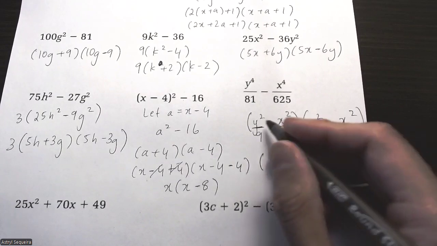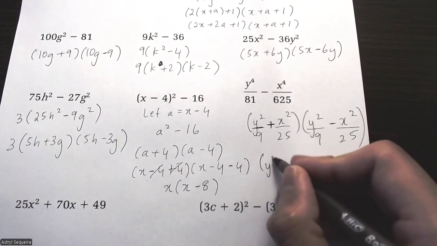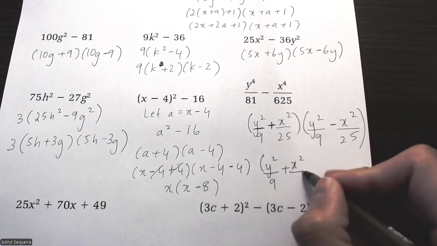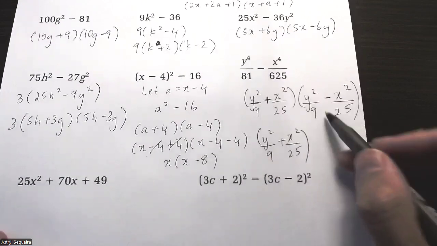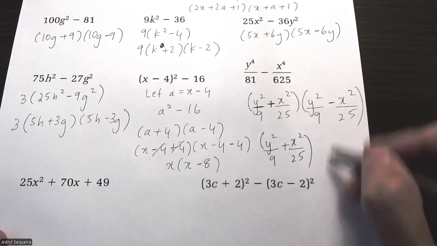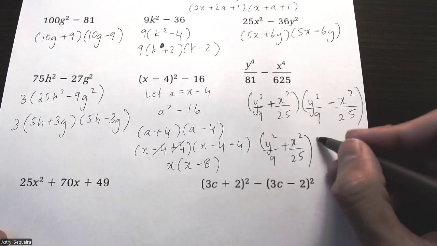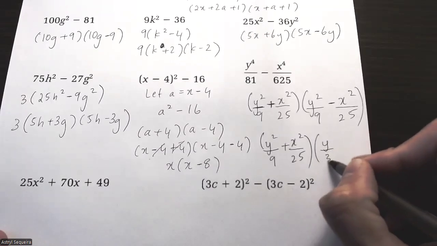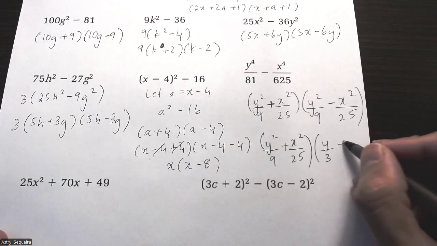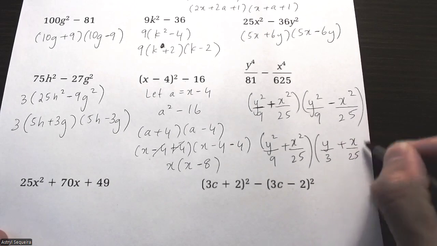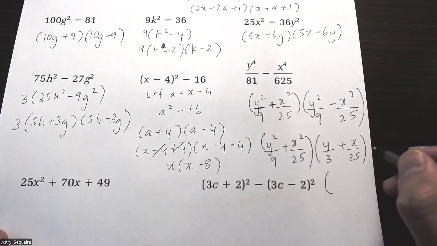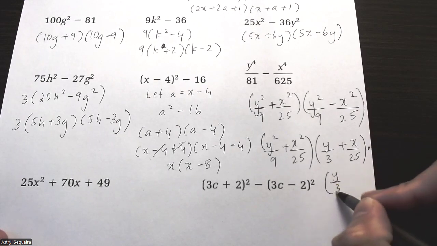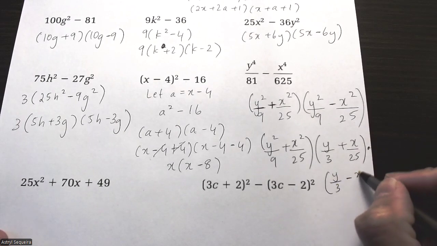So I'm going to just write the first bracket the exact same. This one I'm going to difference of squares now. I'll write it over 2 lines just because I can't squeeze it here. But if I square root this, I'll get y over 3 plus x over 5, and then the second bracket, which should be multiplied here at the end, it's just y over 3 minus x over 5.